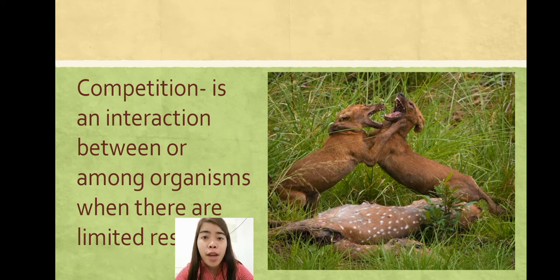It can either be shelter, it can either be food, or it can either be their needs. Okay, so competition occurs in the same type of organism. So as you can see in the picture, dalawang organism, same type, they are fighting for their food. Okay? Ang mangyayari yan kasi nag-fight sila or limited lang yung resources ng food nila dyan sa kanilang community or ecosystem.